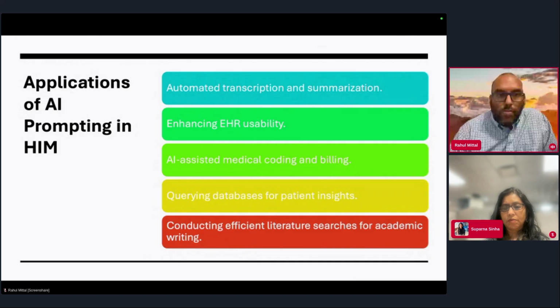So starting with automated transcription and summarization, enhancing electronic health record usability, AI-assisted medical coding and billing, and querying databases for patient insight. One of the other ones which I've been using on one of my courses is conducting efficient literature searches for academic writing.